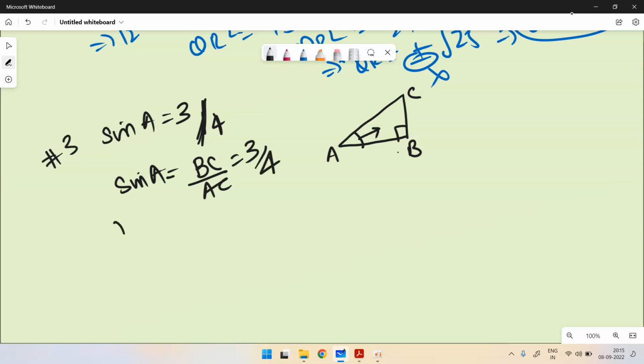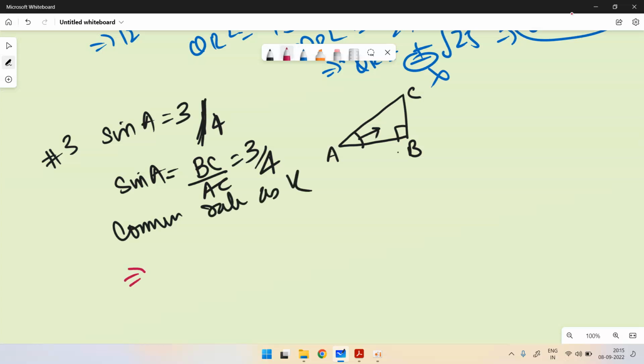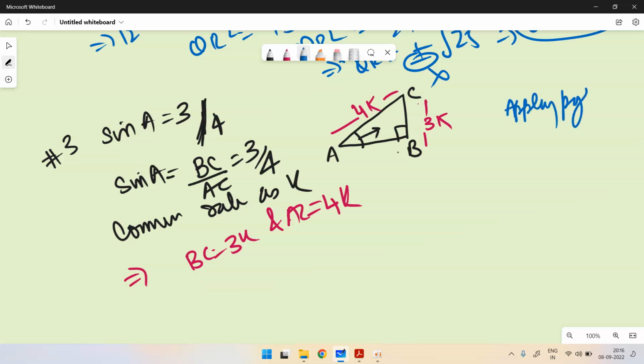If you take the common ratio as K, then BC will be 3K and AC will be 4K. So this is my 4K, this is my 3K. Now applying the Pythagoras theorem, AB square plus BC square equals AC square.